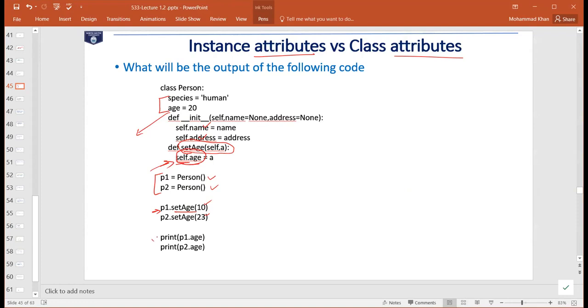Now, if we want to print, we'll see that this print line will print 10, and this print line will print 23. Basically, we are printing the instance variable. Now, if we want to print the class variable, we can just write person.age.